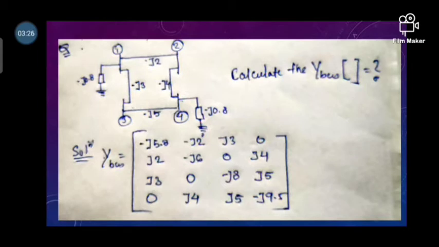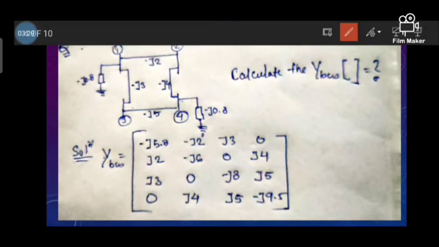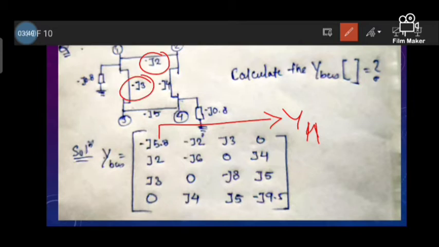The diagonal element is y11, which is the sum of all the admittances connected to bus 1. That means the 1 to 2 admittance, minus j2, the 1 to 3 admittance, minus j3, and the 1 to ground admittance, minus j0.4 and minus j0.8. So add all the admittances.